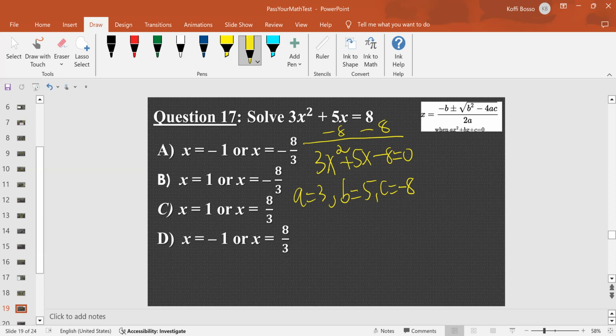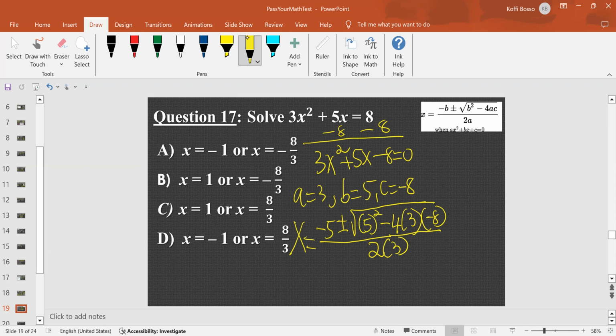Okay, now using the formula, we're going to have x is equal to negative b, which will be negative 5, plus or minus the square root of b squared, which is 5 squared, minus 4ac. A is 3 and C is negative 8. Everything divided by 2a, 2 multiplied by 3.